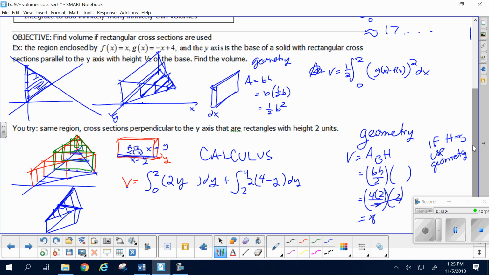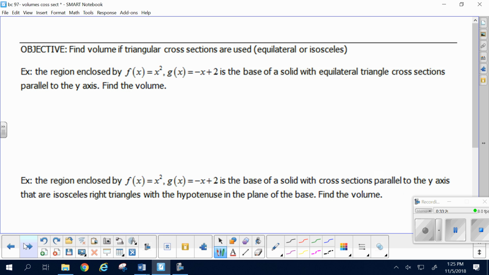Okay, let's go a little more challenging here. Say you have the same region with the 2 lines making a triangle with the y-axis, and this time the slices are back to being parallel to the y-axis, like that, but now they are equilateral triangles.